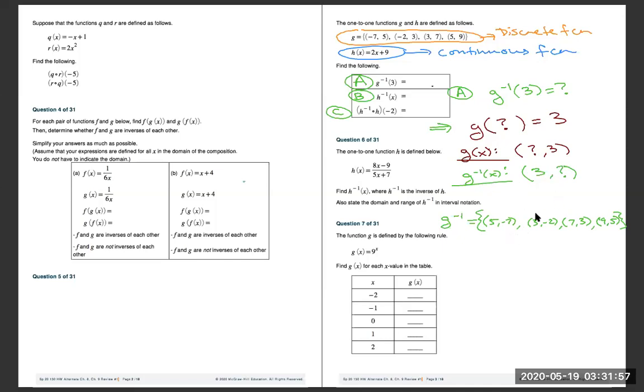So this is what we're looking for right here. And the question mark is equal to -2. So a shortcut, look for where the Y value is equal to 3 in your function G. You'll look for the X value that corresponds. Let me save that, and then I'm going to clear this out.